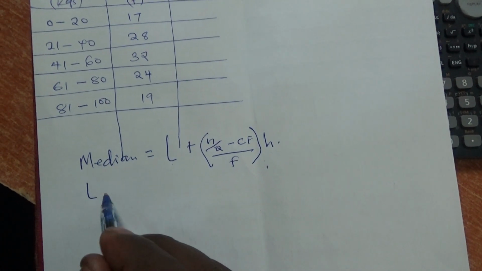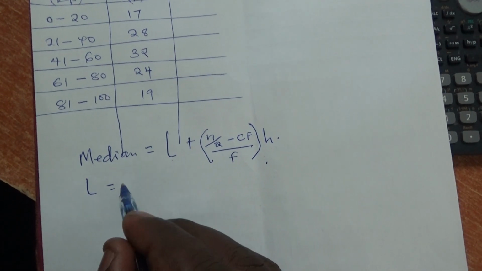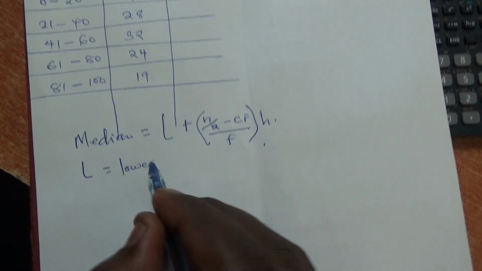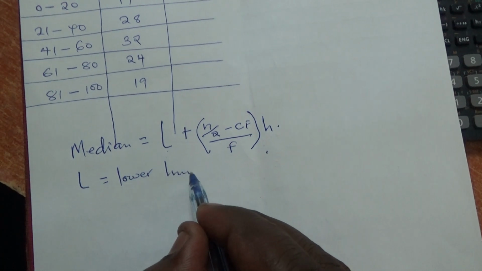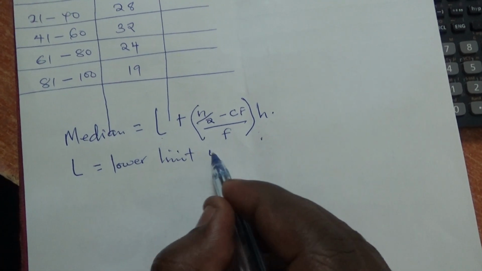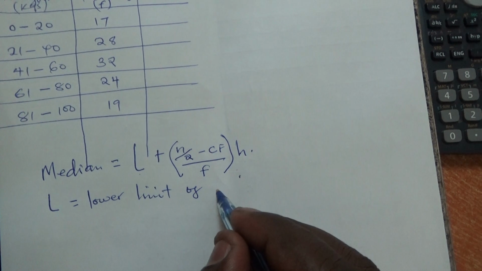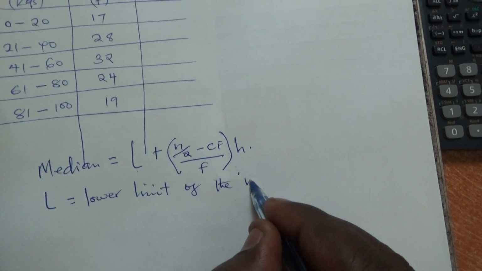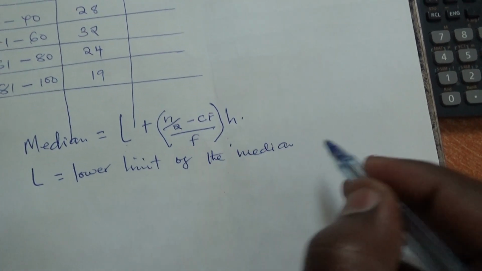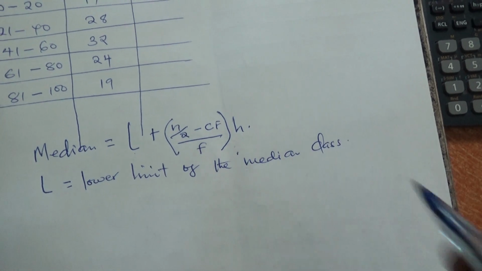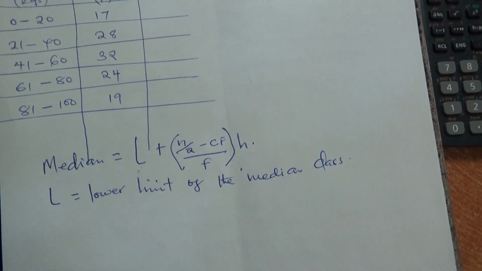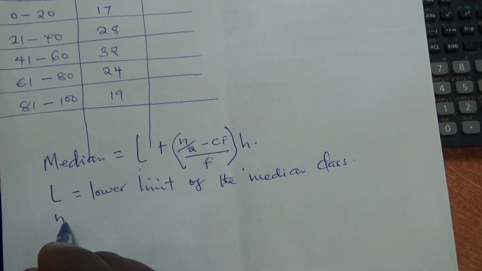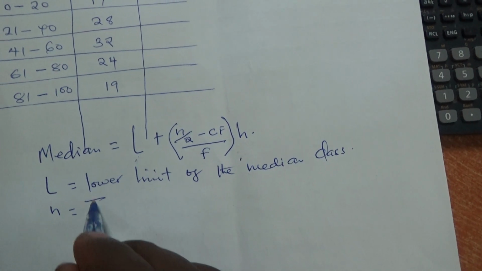What is L? L is the lower limit of the median class.